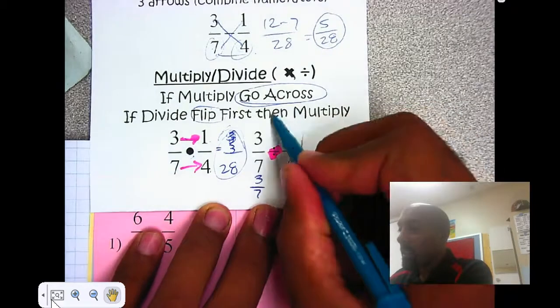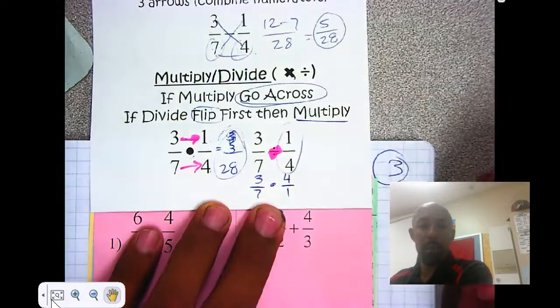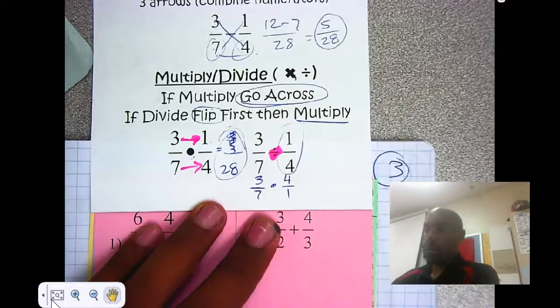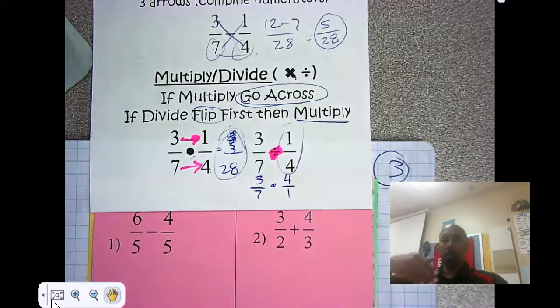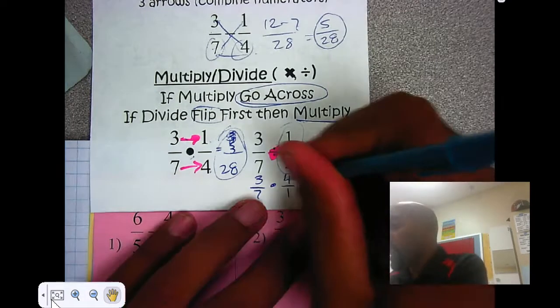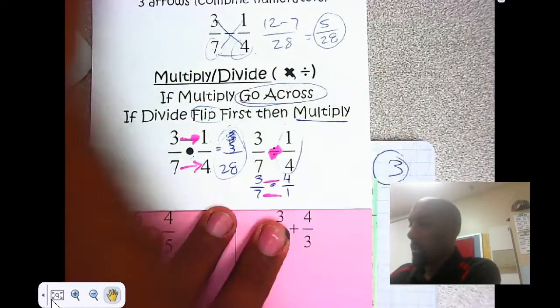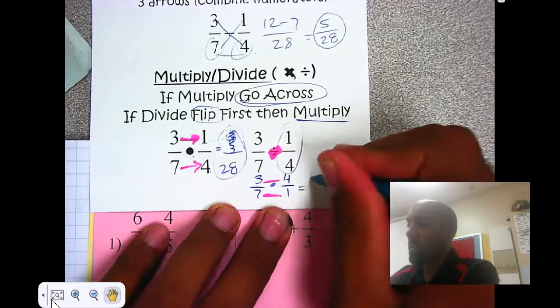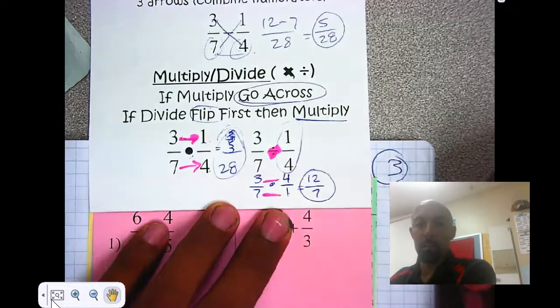And then I'm going to multiply, and I change it down to multiply, darab. I go from taksim to darab. Okay, I flip it, and then we go from taksim to darab. Multiply, so from divide to multiply. Now I do the same thing, and I go across. 3 times 4, 12, 7 times 1, 7. There's your answer.